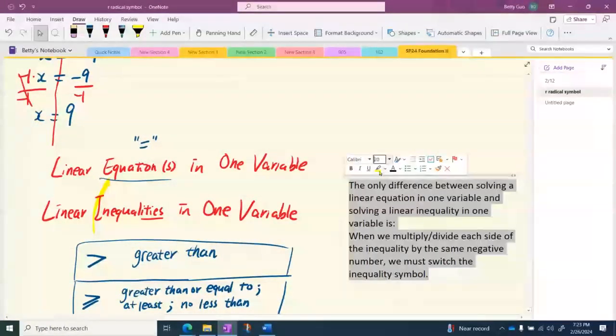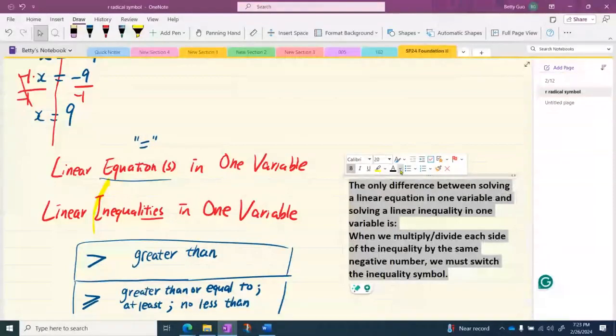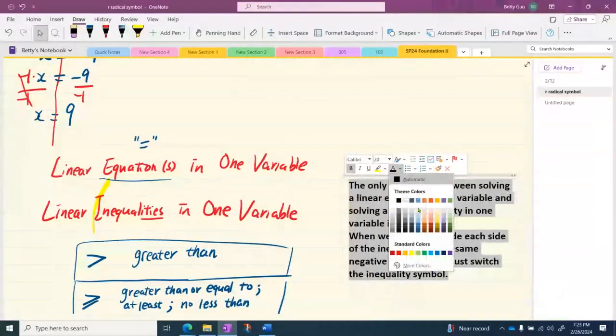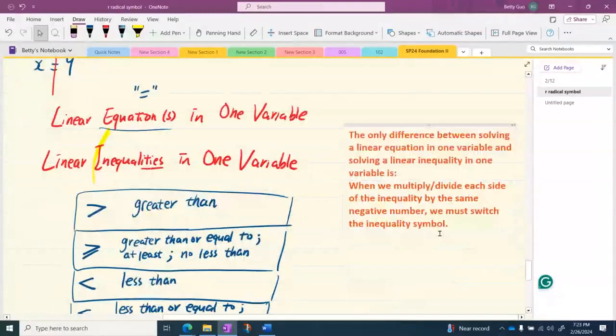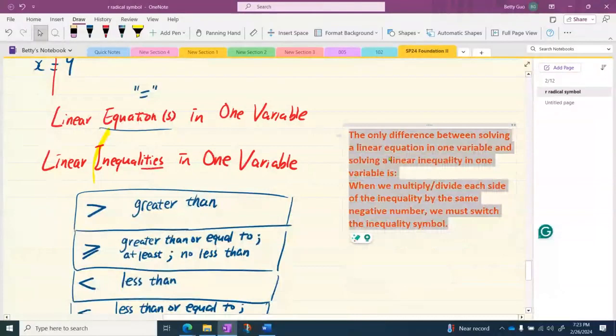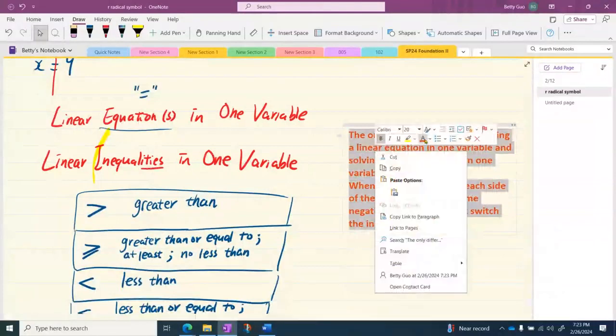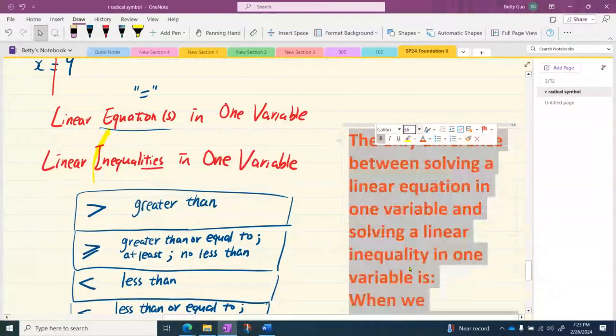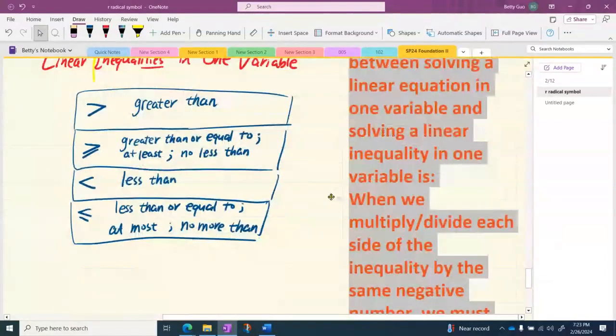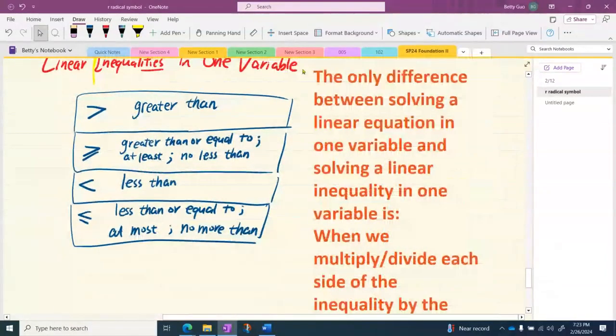Bold it, color it. It means it's important. Okay, make it bigger. The only difference.